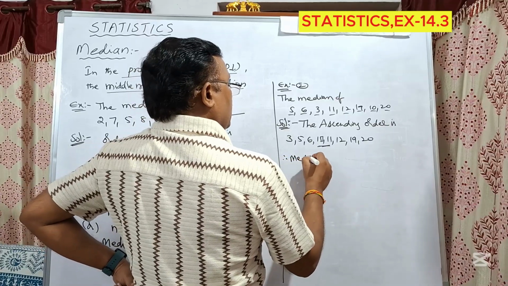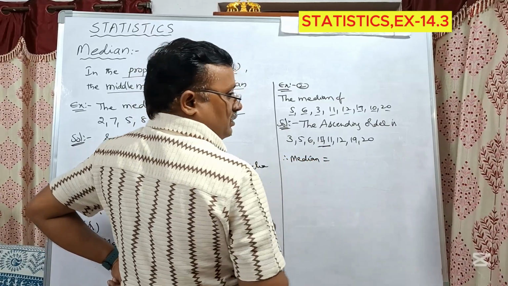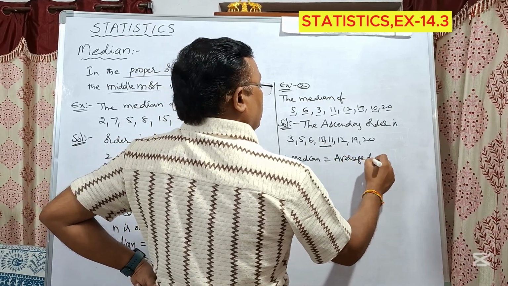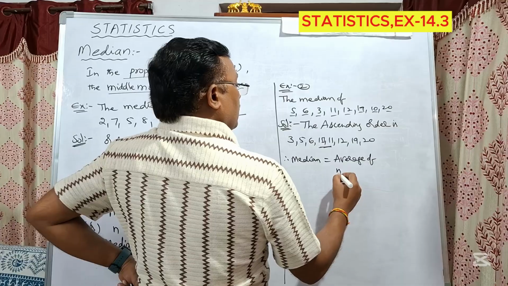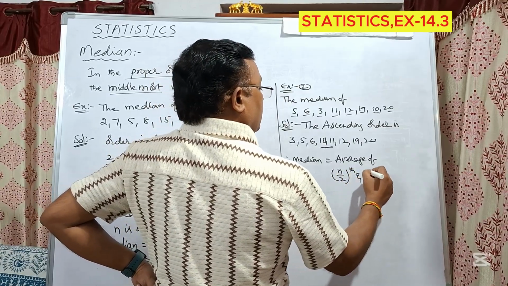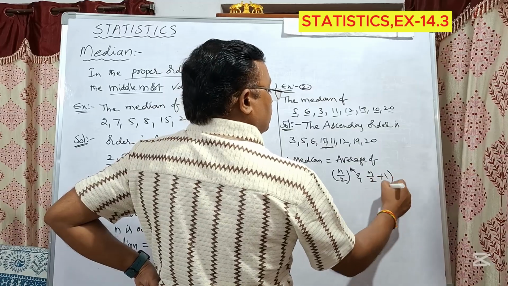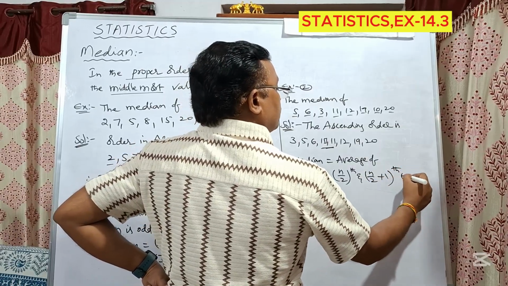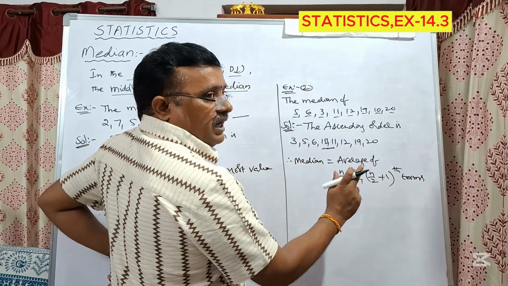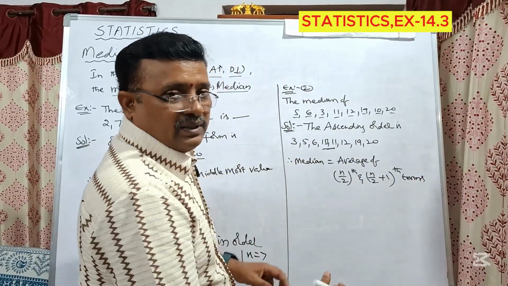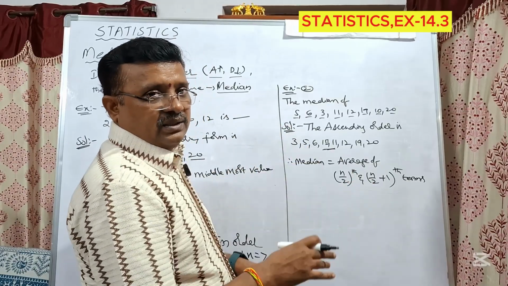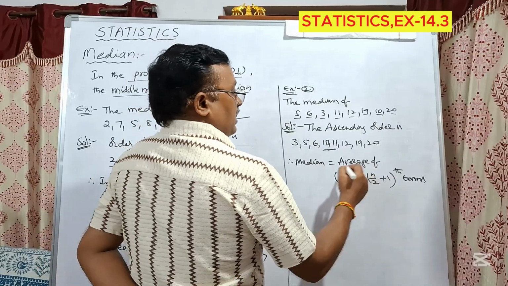Therefore median is equal to the average of the n by 2th and (n by 2 plus 1)th terms. That means the n by 2th term and its next term's average. Okay, that is the median.